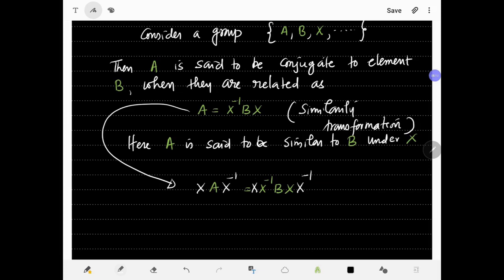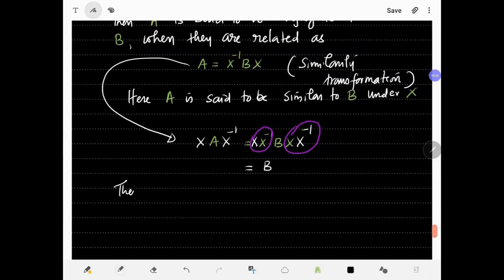You should always keep in mind that these elements do not in general commute with each other. So left multiplying with X and right multiplying with X may be different. So if you do that, we know the relationship X into X inverse is identity element, and this immediately leads to the equation XA X inverse is equal to B, which says B is also similar to A. B is a similarity transform of A.